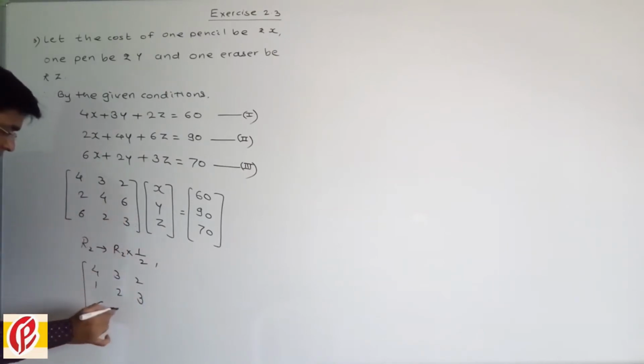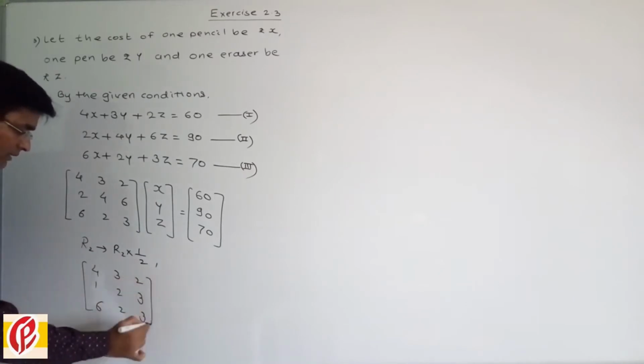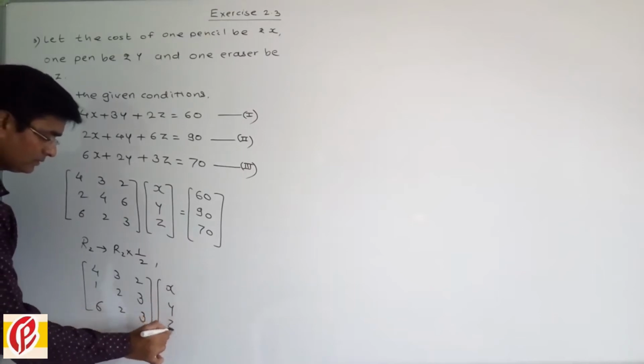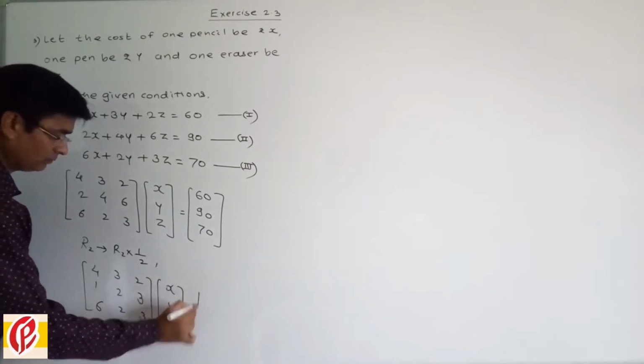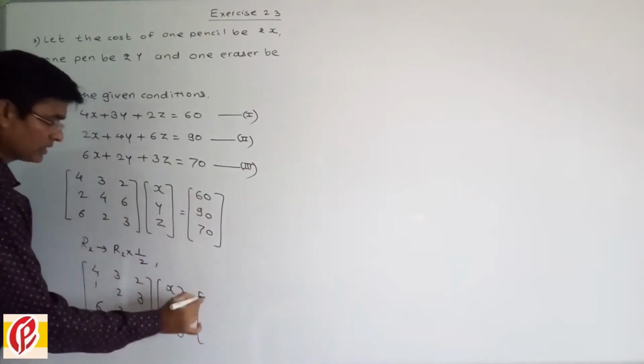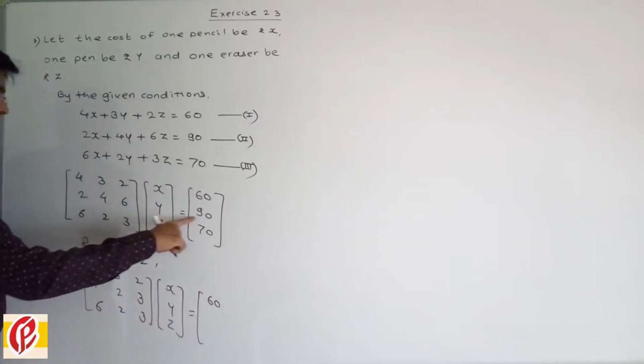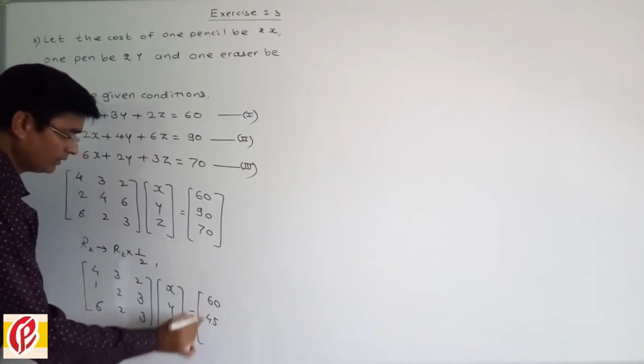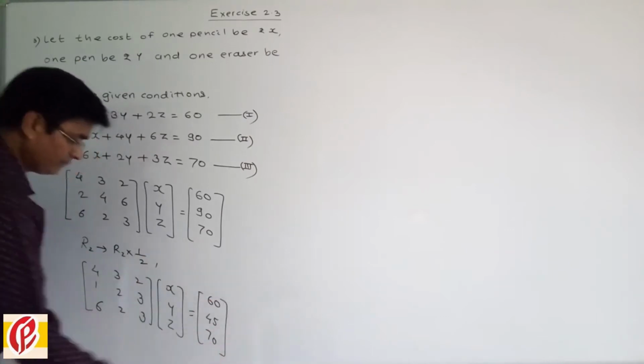The third row is as it is, 6, 2 and 3, into the variable matrix, is equal to 60, and the second row is divided by 2, so 90 divided by 2 is 45, and 70.